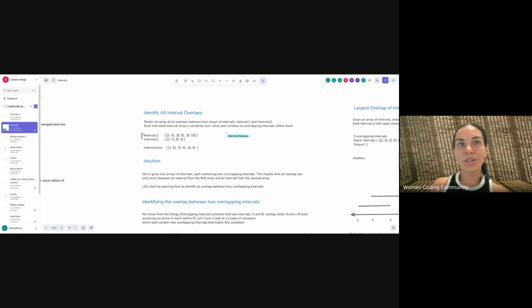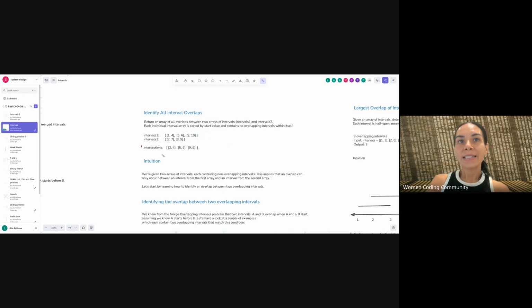Now we have as input two sets of intervals, and in each set there are no overlapping intervals. In set 1, there are intervals, but they do not intersect. In the second one, there is also a list of intervals which do not intersect. And they are already sorted for us by start value in this case.